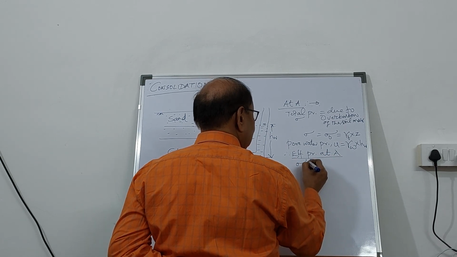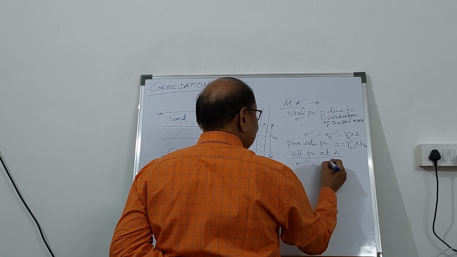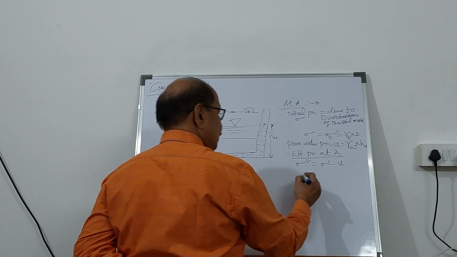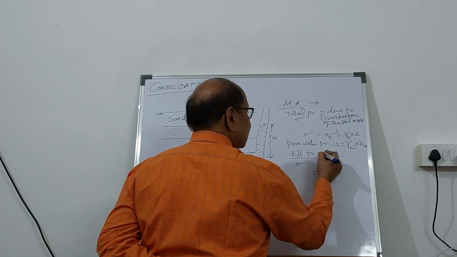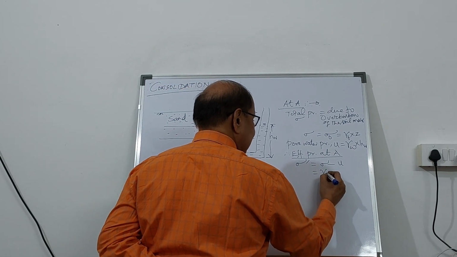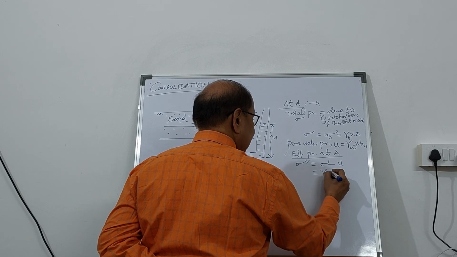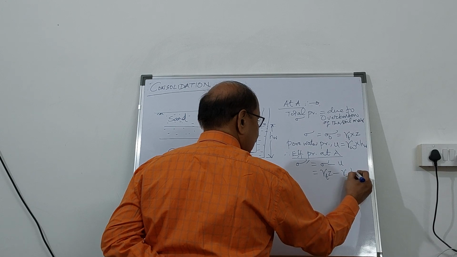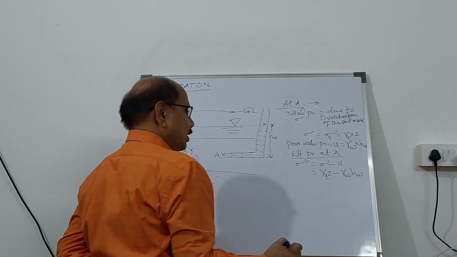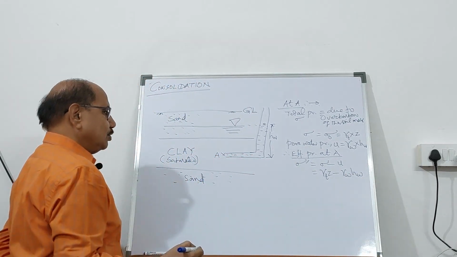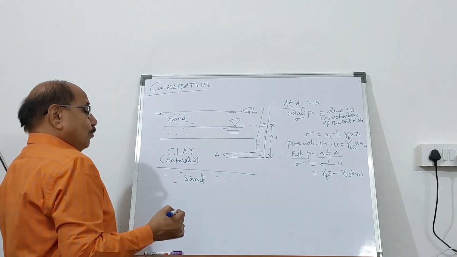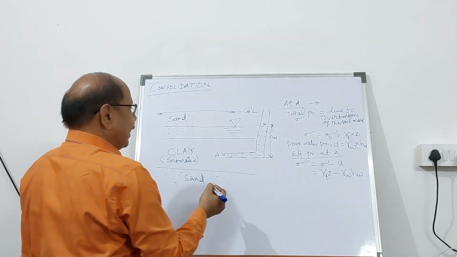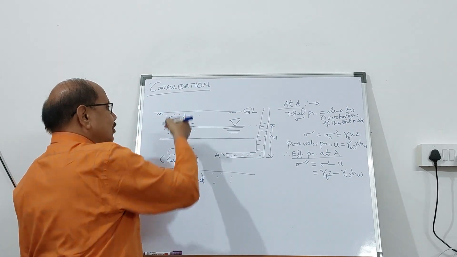Sigma prime will be the total pressure sigma minus the pore water pressure. So sigma prime equals gamma_T times Z minus gamma_W times H_W. That is the effective pressure at A where there is no external loading.